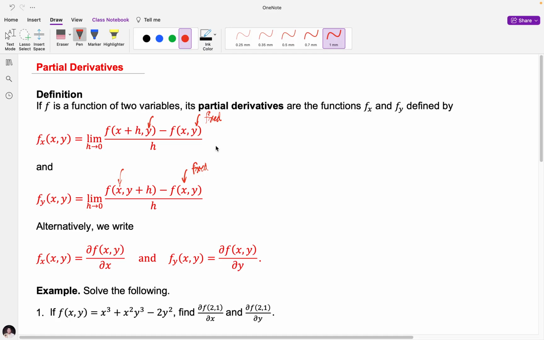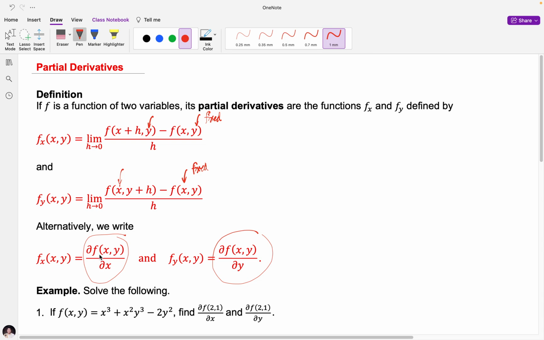Okay? Another way to write the partial derivative is using this notation. So this is just the partial derivative of f of xy with respect to x and the partial derivative of f of xy with respect to y. So this is what will happen here. If we will solve for the partial derivative of f of xy with respect to x, we will differentiate the function with respect to x only.